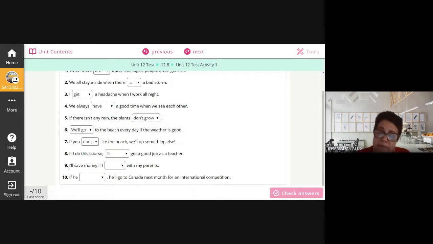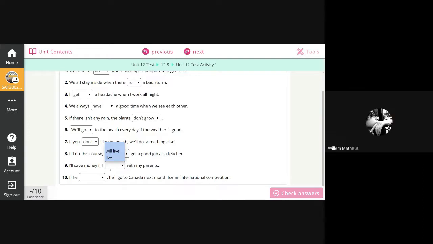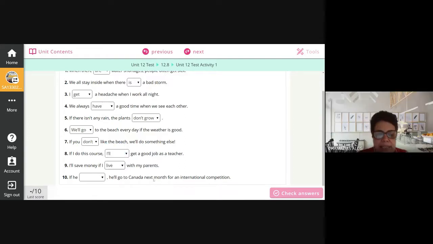Now, number 9, I'll save money if I with my parents. And now, people, this is the if clause. Leave. Yes, simple present. Remember, the if clause, guys, can be in the beginning or in the end.